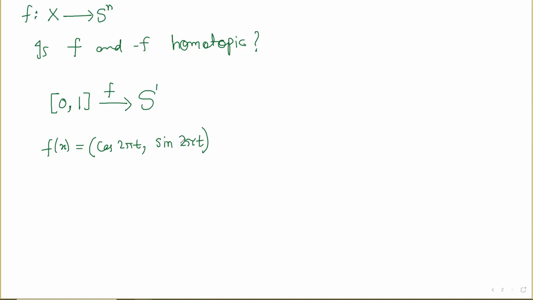Let's see. No, it will not be, and the reason is that this f will factor through S^1.